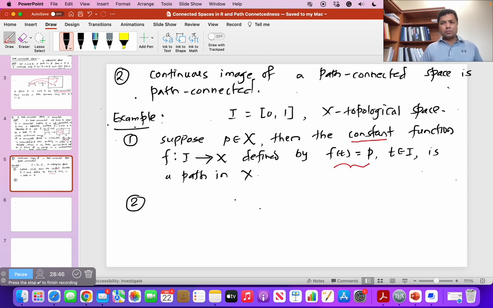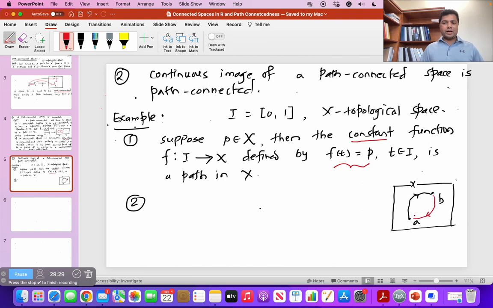Now let me give you one more example of a path here. Let's say I have a topological space X here, and let's say there is a path between A and B. That means there is a continuous function f from I to X such that f of 0 is A and f of 1 is B. So we have a path in this topological space X from A to B. If there is a path, then we can always find a path from B to A as well.